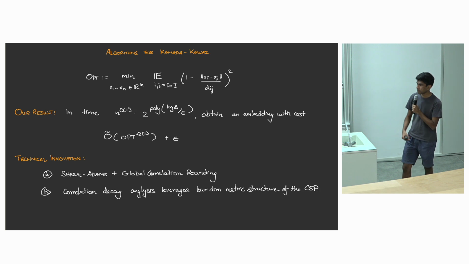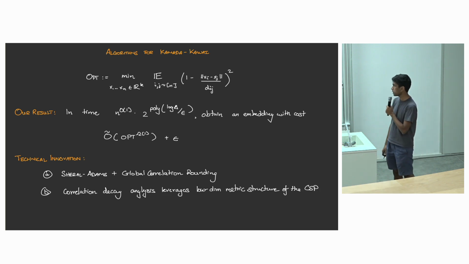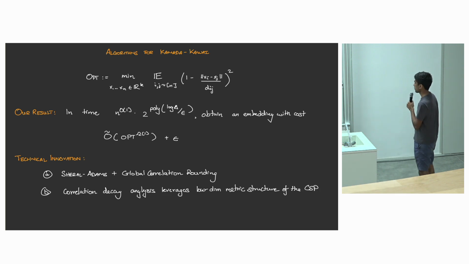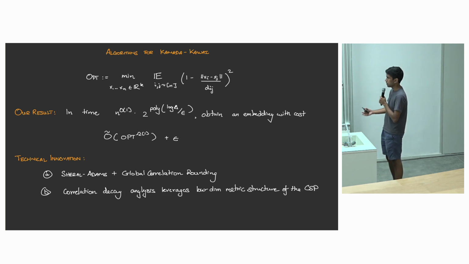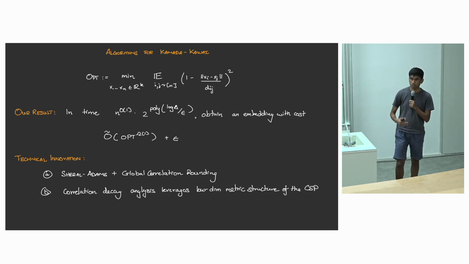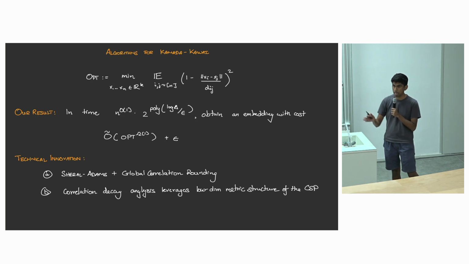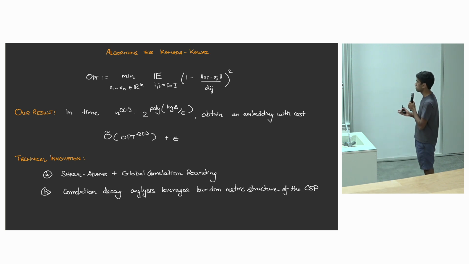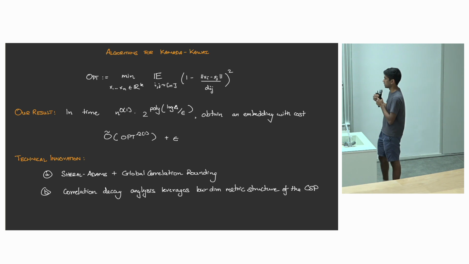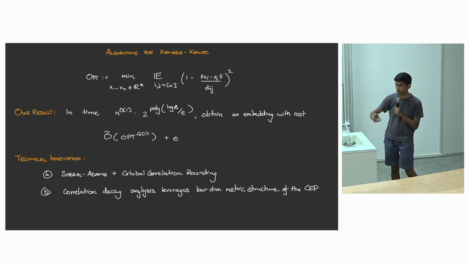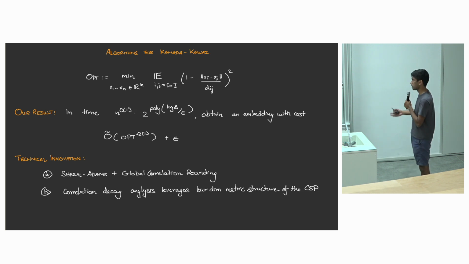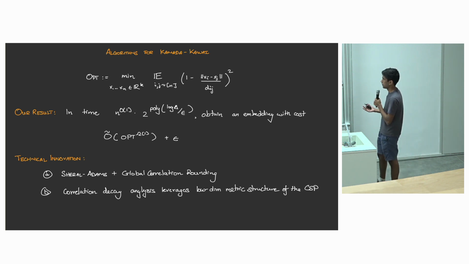The main technical innovation in the authors' work is that they still go through the same dense CSP approach, but when solving the CSP, instead of just applying some black box solver, they set up the approximation algorithm in the Sherali-Adams hierarchy, which is a series of convex programs. And they do the usual thing of global correlation rounding, which is present in these algorithms.